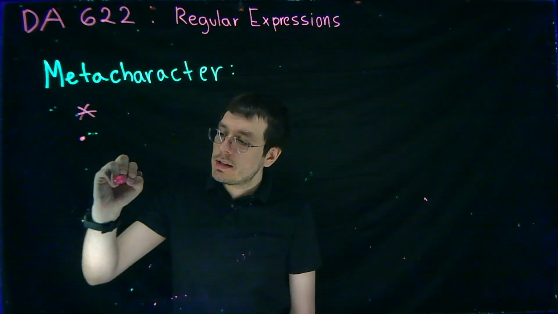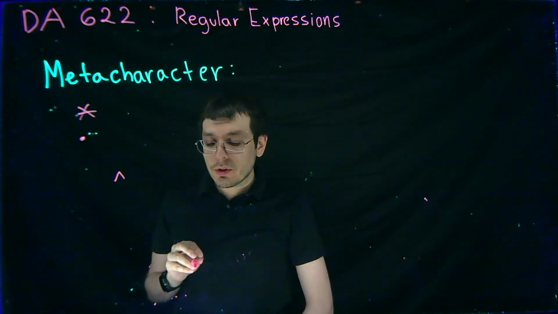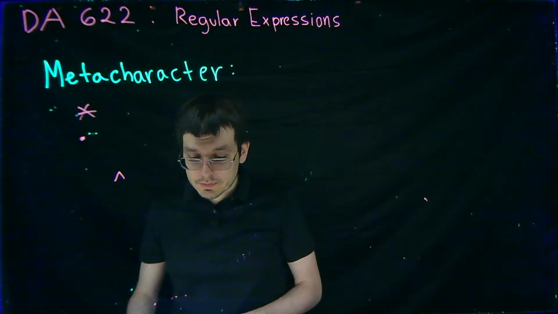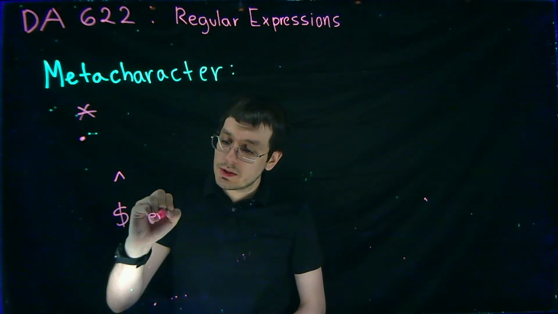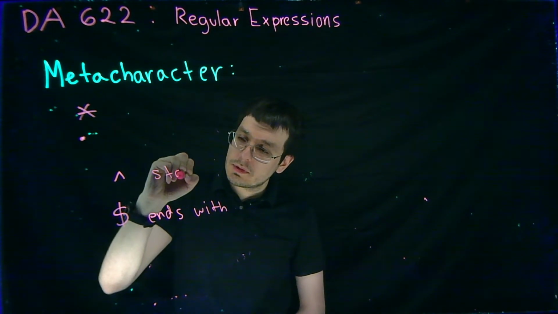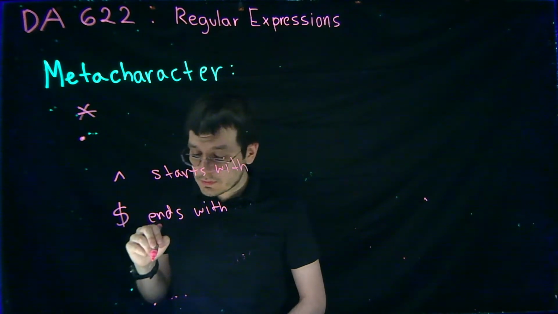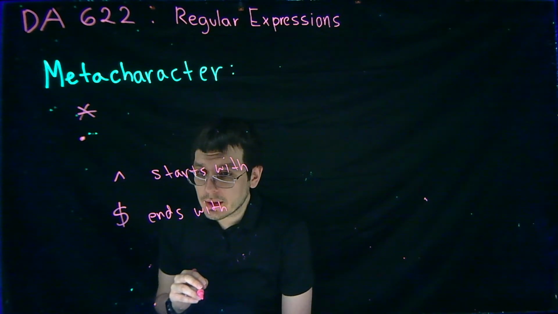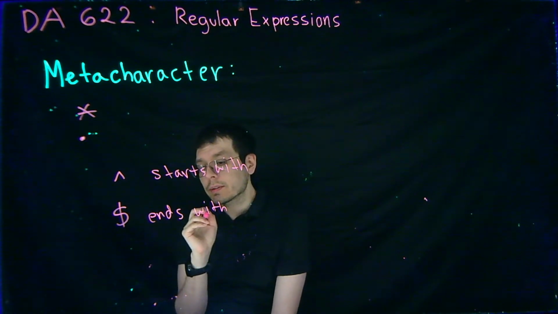Another one that is kind of neat is the hat symbol. The hat symbol is something where you request that it starts with something. It can be used in combination with the dollar symbol, which is ends with. If you're looking at strings that start with something specific, then it'll return those strings.